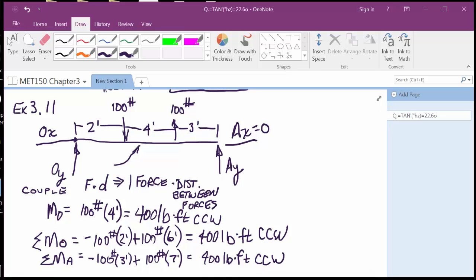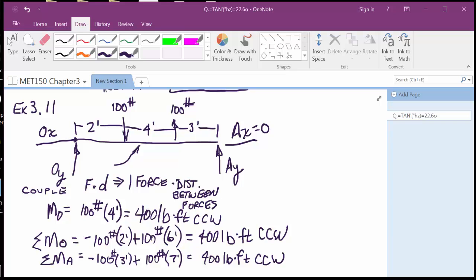So these were just to prove that what we did here with the couple actually works. If you see two forces going in opposite directions on the same member, you just need to know the force of one and the distance between the two, and boom, you've got that. Those forces have to be the same amount, though, right? Yes, the forces have to be the same amount, in opposite directions, and you have to know the distance between them.